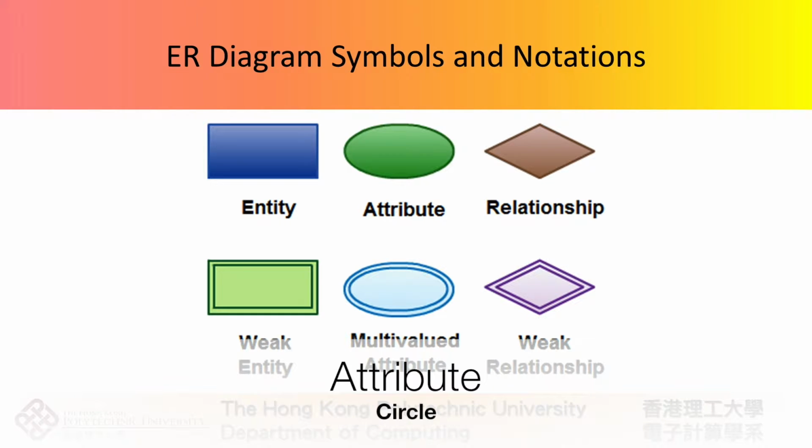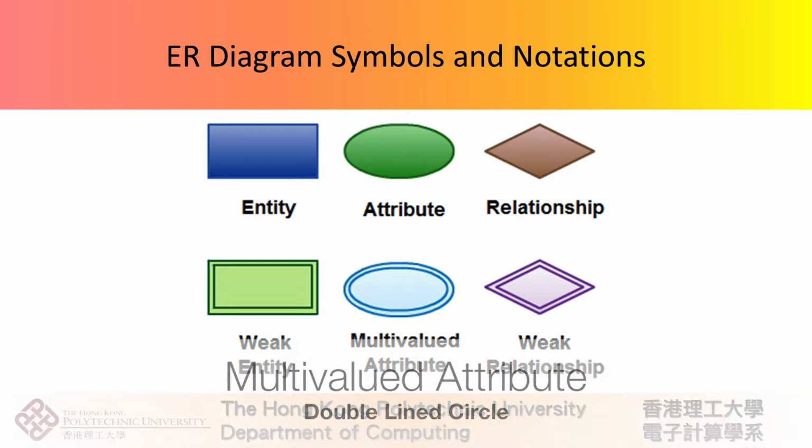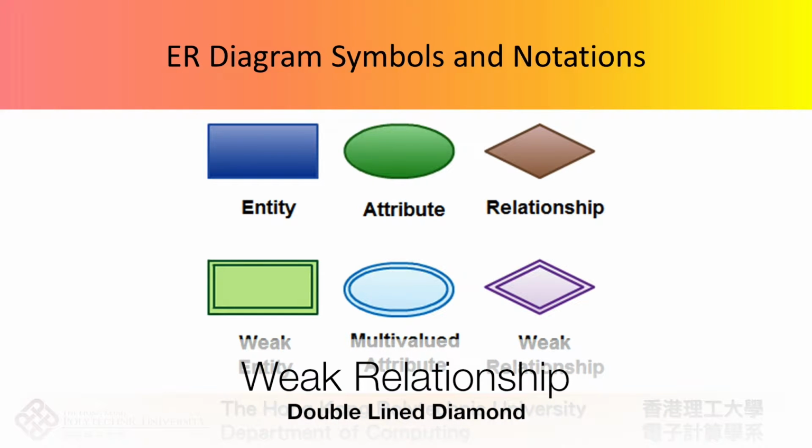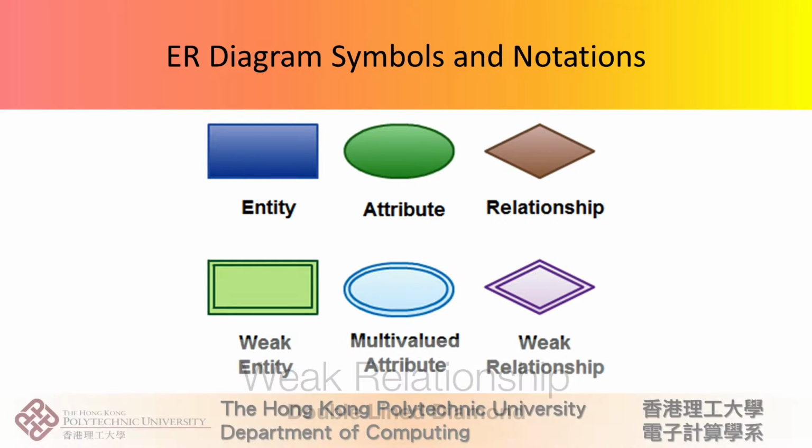An attribute is represented by a circle, while a multi-valued attribute is represented by a double-sided circle. A relationship is indicated by a diamond, while a weak relationship is indicated by a double-sided diamond.